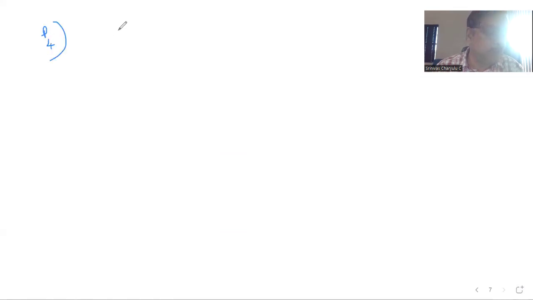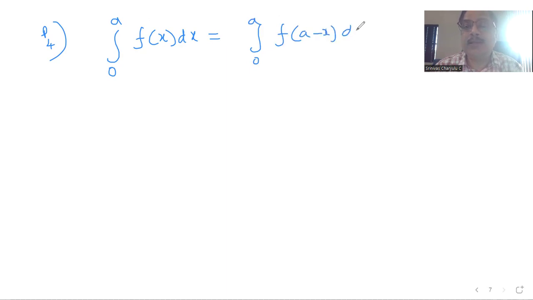What is the next property? Integral 0 to a f of x dx is equal to integral 0 to a f of a minus x dx. Like the previous property, here also you take the substitution, put a minus x is equal to t. Then minus dx is equal to dt.